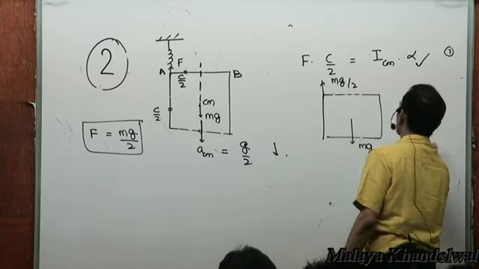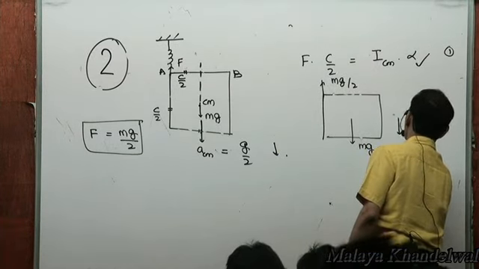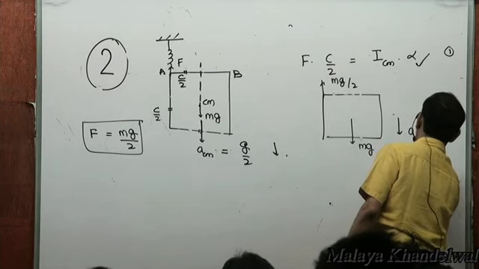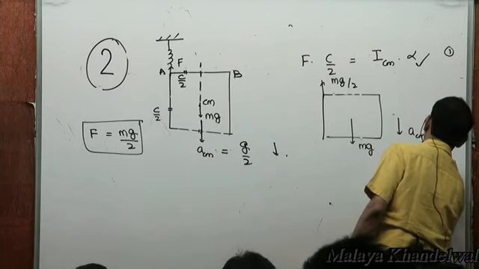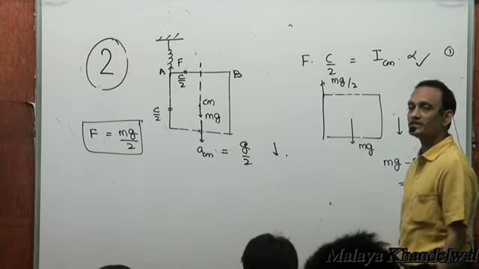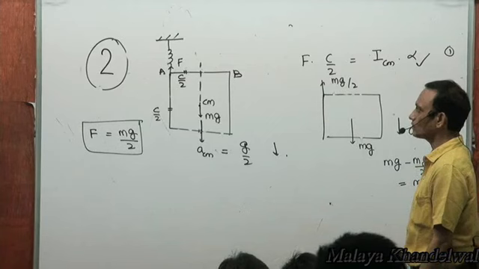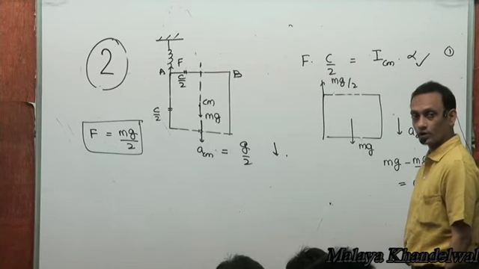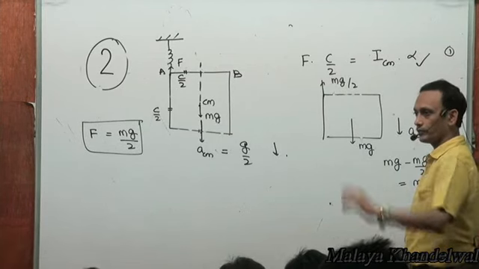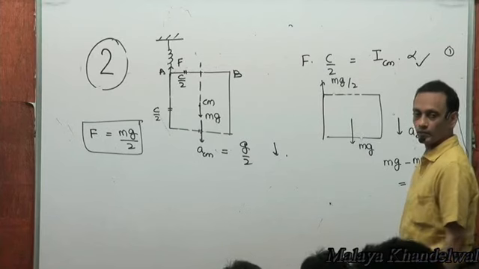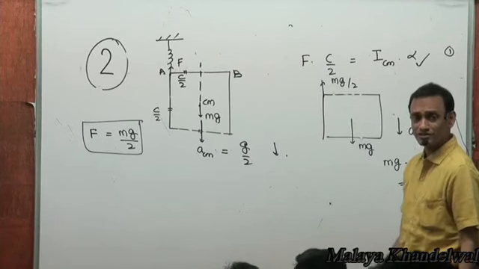ACM was the acceleration of the center of mass, so can I say mg minus mg by 2 is m ACM? So ACM is g by 2. Got it. Yes, of course.